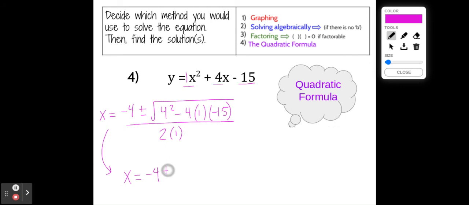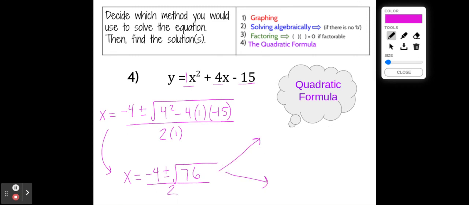Okay, let's take it and simplify it. Negative 4 plus or minus. Let's simplify what's underneath that radical. So 4 squared minus 4 times 1 times negative 15. I'm getting 76. Okay, and divide that by 2a, which is 2. Okay, we're ready to branch off for our 2 solutions.